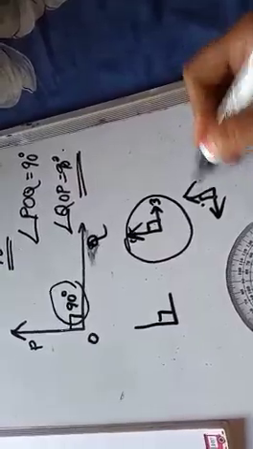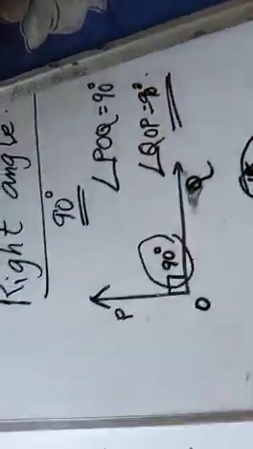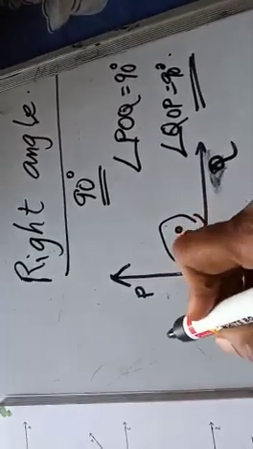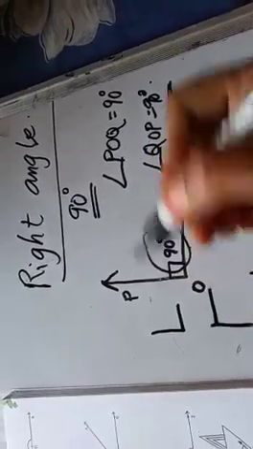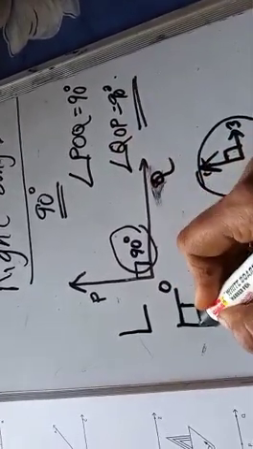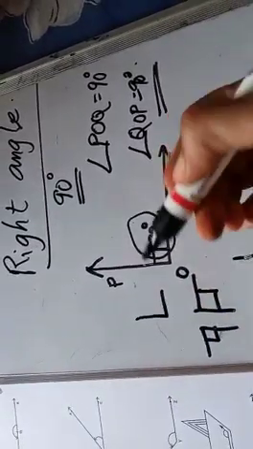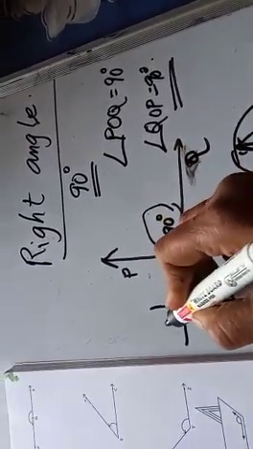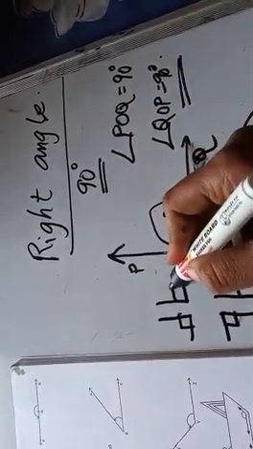Here also 90 degrees. So when the lines are perpendicular like this, here also 90 degrees. Here also 90 degrees. Here also 90 degrees.